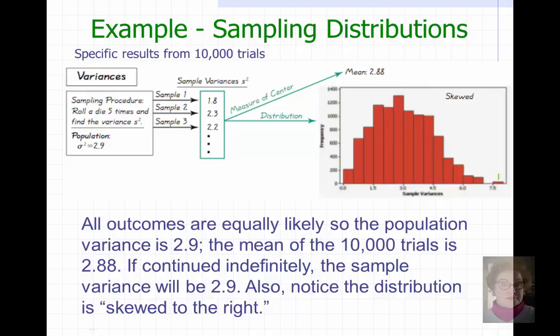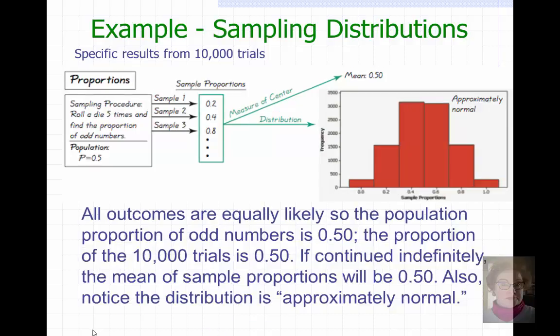Notice that we get a skewed distribution. And then if we do the same thing with proportion, looking at the proportion of odd numbers, our population proportion would be 0.5. When we look at our sample proportions, the mean is 0.5, and our distribution again is approximately normal.